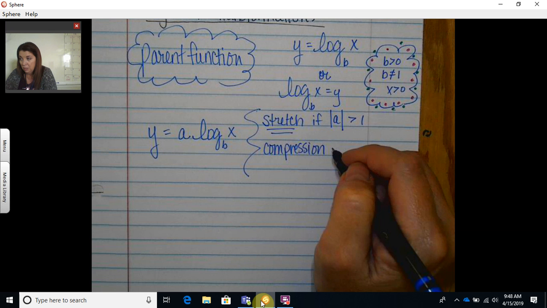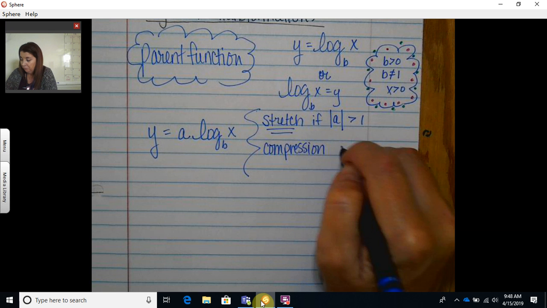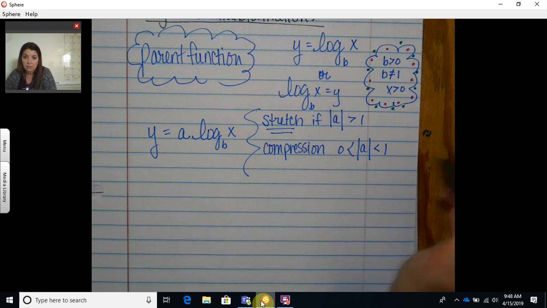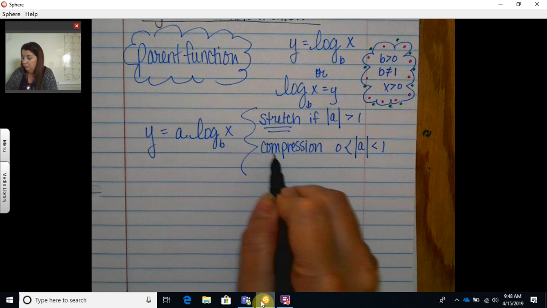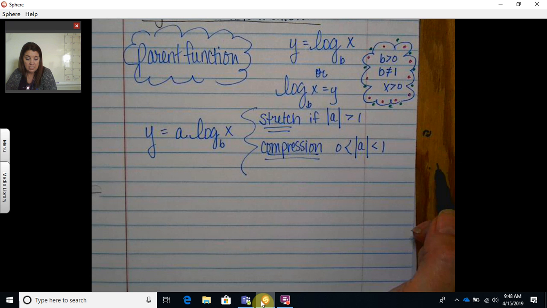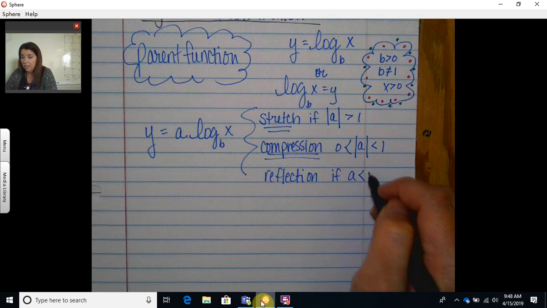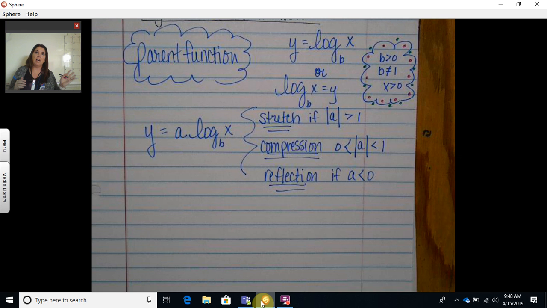The way I write that is 0 is less than the absolute value of a is less than 1. The way you say that, the absolute value of a is between 0 and 1. So like say it was 1/4 or negative 1/4. It is a reflection if a is less than 0. Not the absolute value of a, but a. So if it's negative, your logarithm graph is going to be on the left side of the asymptote instead of the right side.